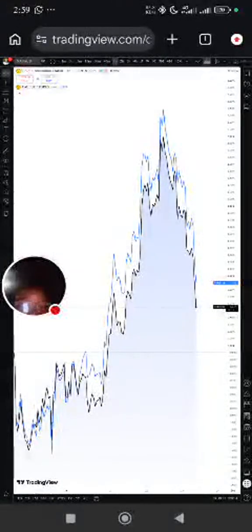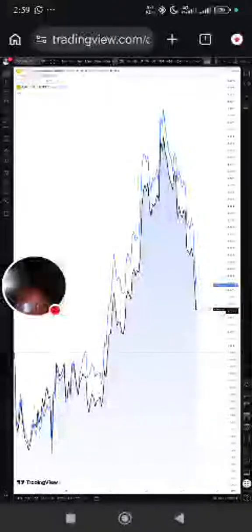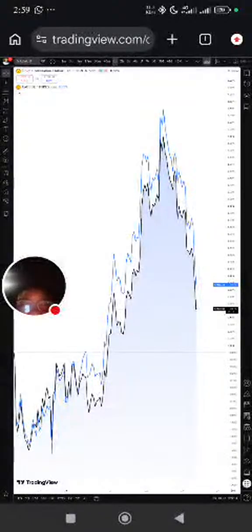Like the trade I took, I posted, I said if you didn't see the trade earlier, you saw the trade 1 hour after, don't take the trade. If I say the trade is valid within 1 hour, make sure that you are taking the trade within that time.